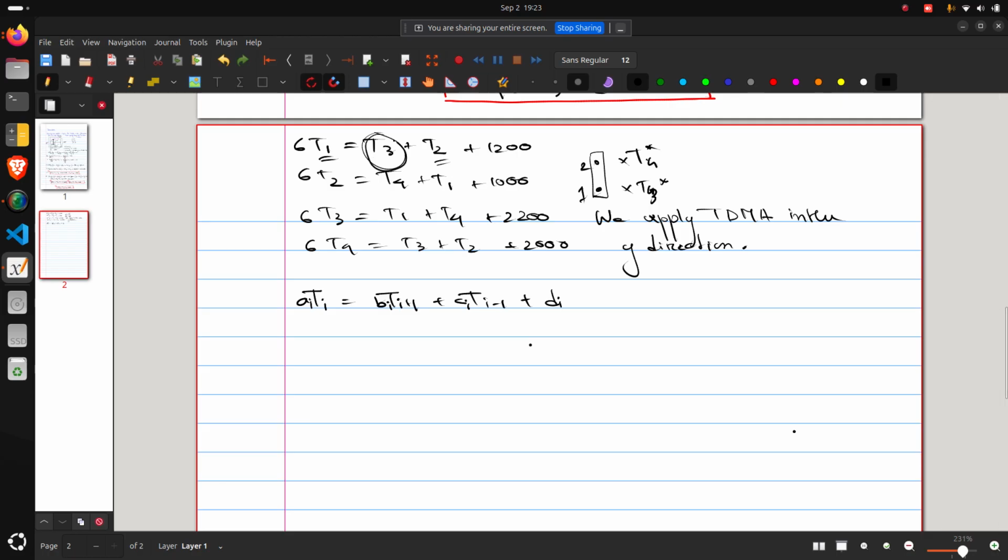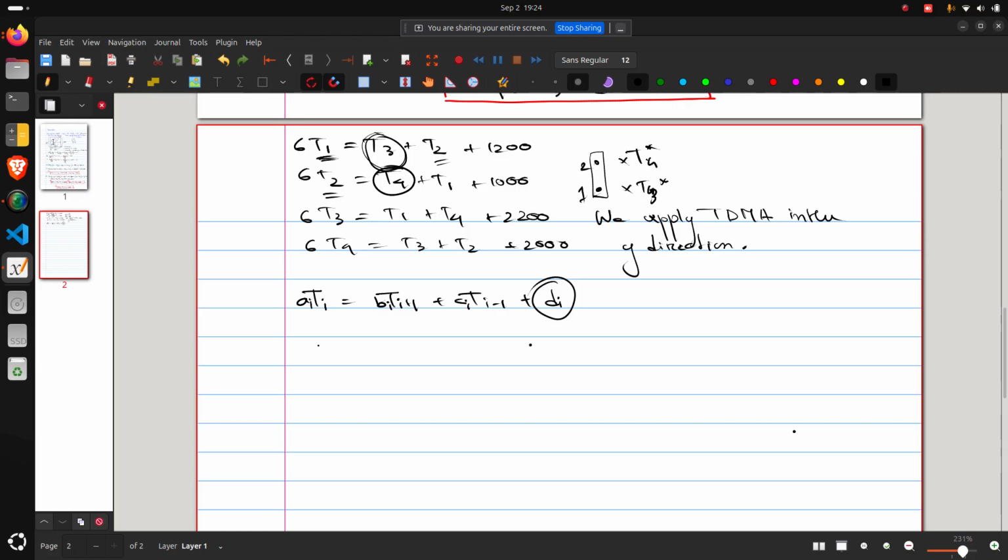So T3 and T4 for the T1 and T2 values will take it in as D, right? If you remember, this will go to the constant, and TDMA is only valid for a one dimensional operation.